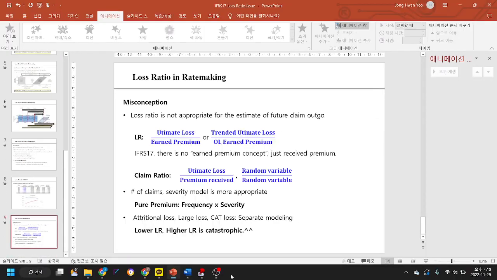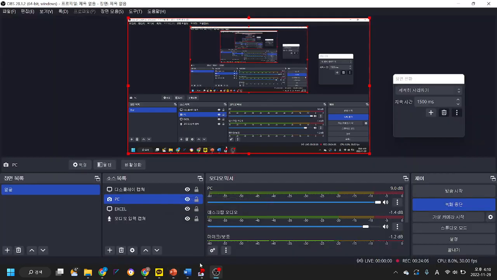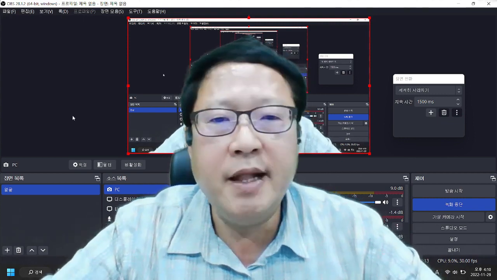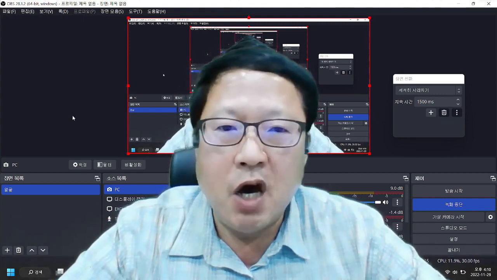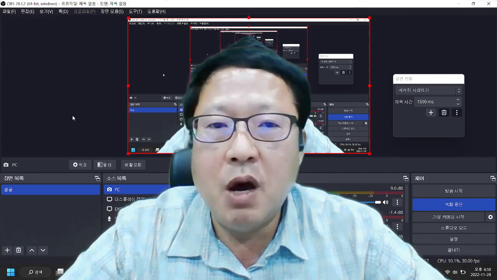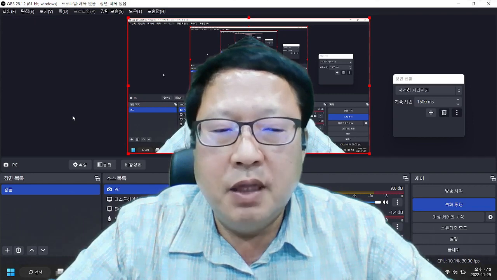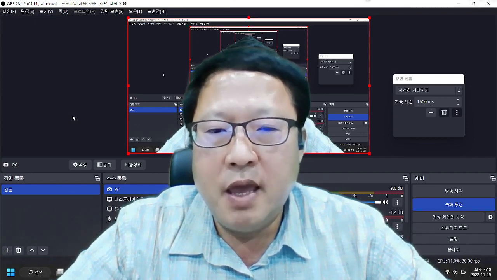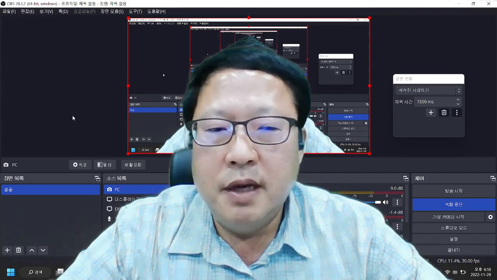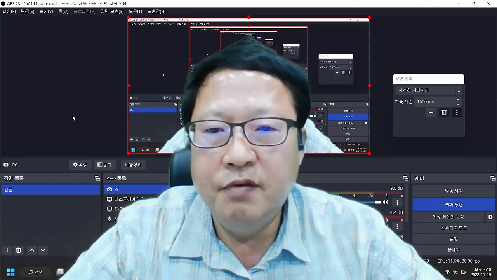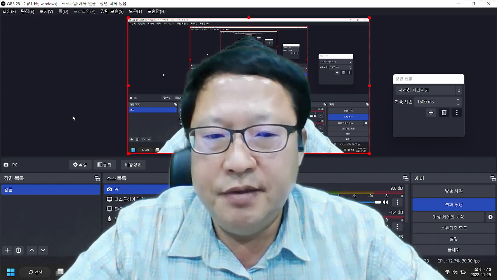I just want to point out that people tend to prefer the loss ratio approach to calculate the future cash outflow, namely claim outgo, but I don't think it complies with the standard itself, or with all the other actuarial models that have been developed for over 20 years.